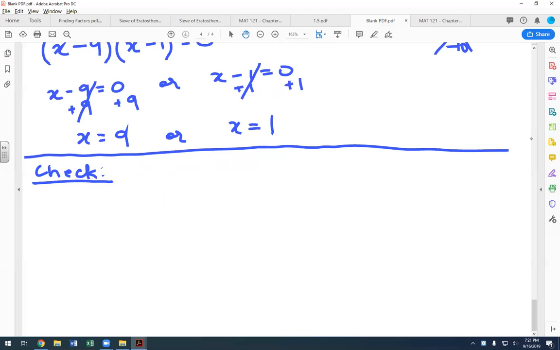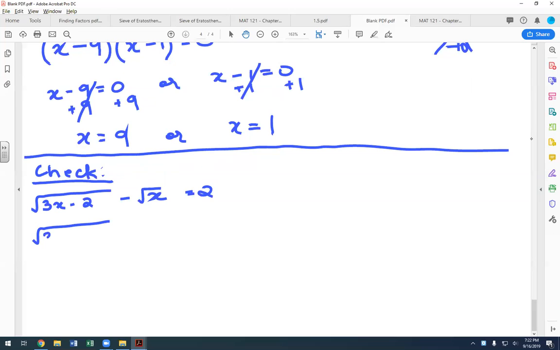Where's my original equation? So we were at square root of 3x minus 2 minus square root of x equals 2. All right, I guess I'm going to start with the 9.